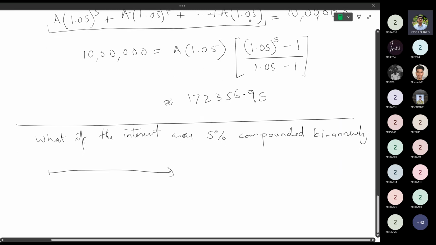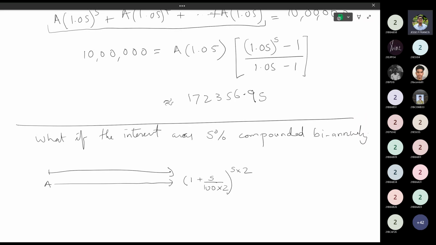Now we have deposited A amount, and that goes for 5 years. And let's see, 1 plus 5 by 100 into 2 to the power 5 into 2. Why? Biannually means n is equal to 2, t is equal to 5, and rest of it follows.